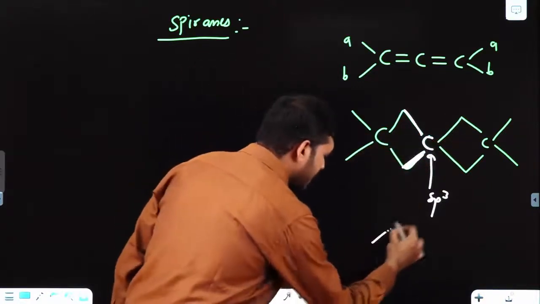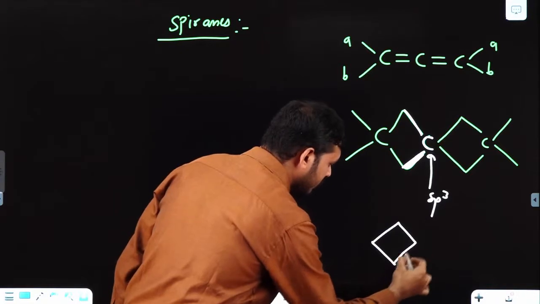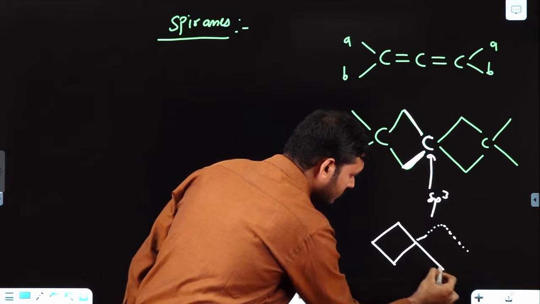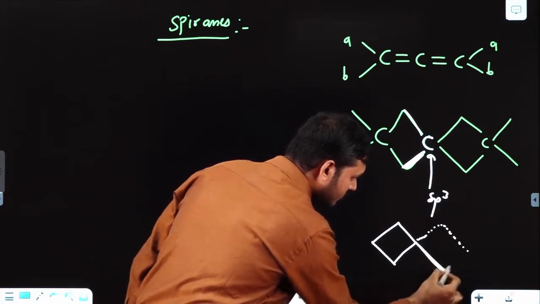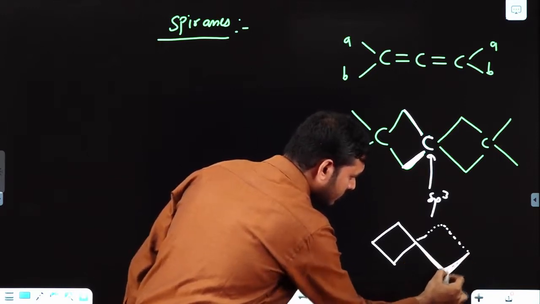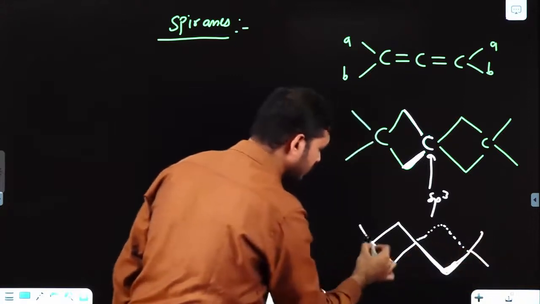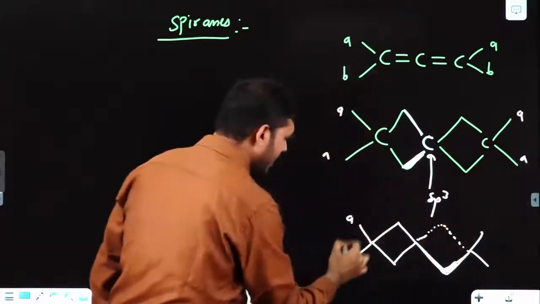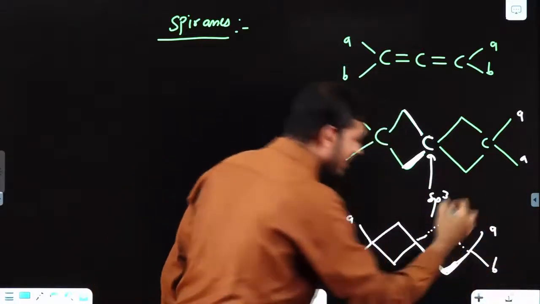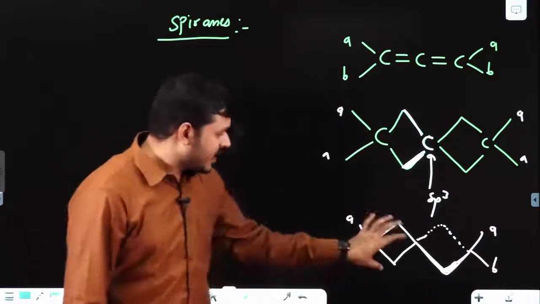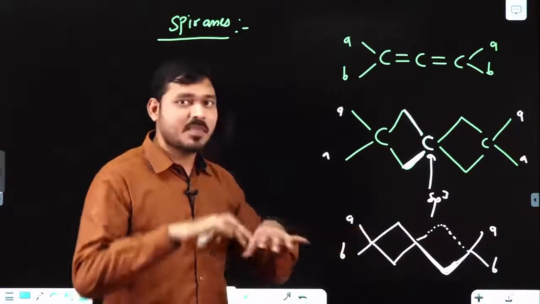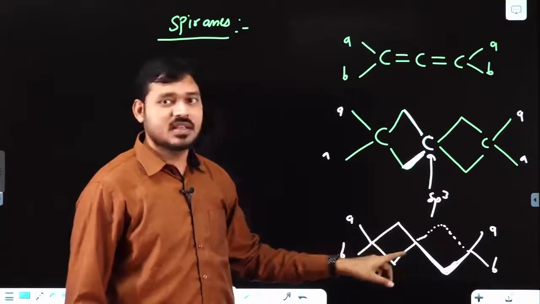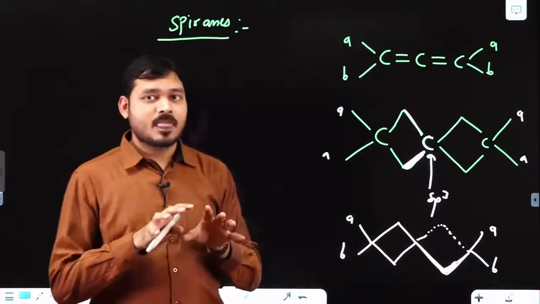I can better represent it like this AB, then this will be A and B, A and B. So dear students, you can understand this ring and this ring are actually perpendicular to each other, just like cumulenes. Spiro compounds are understood.